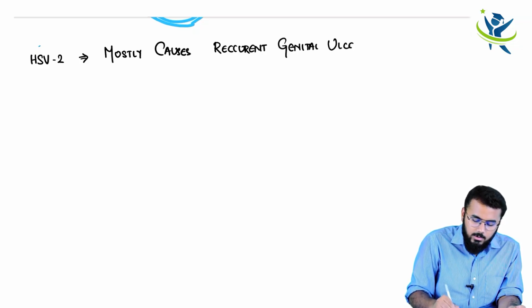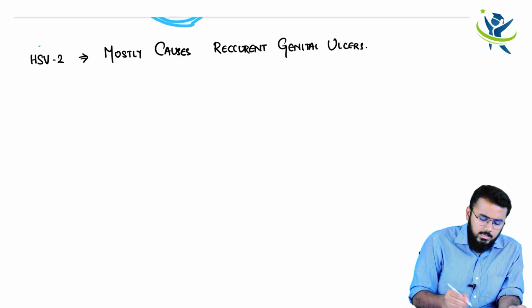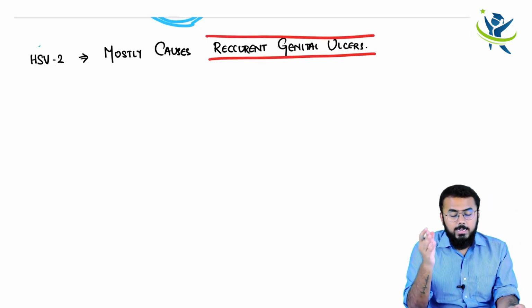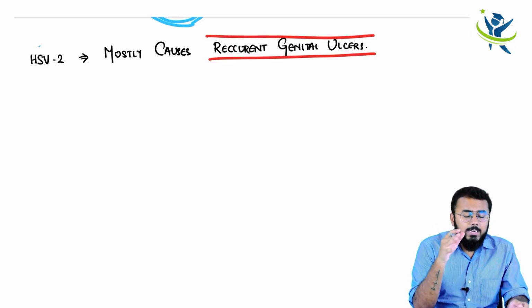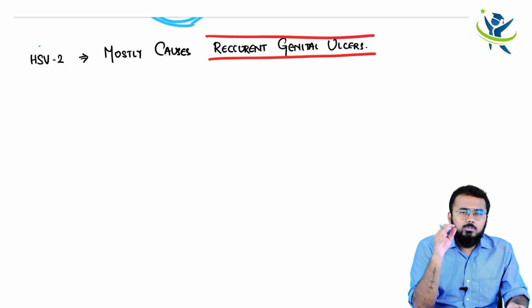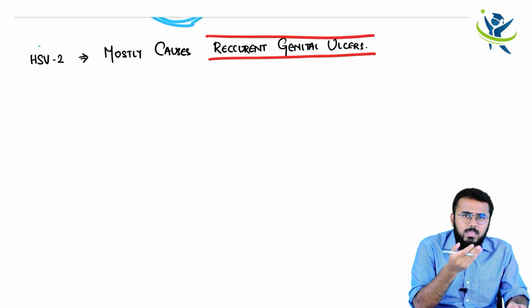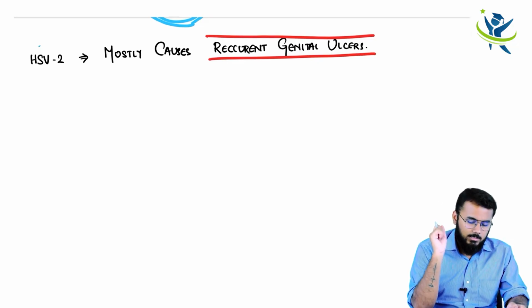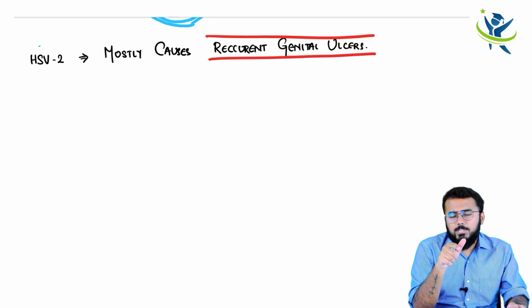When I say recurrent, it means they occur again and again. These genital ulcers are so painful, right? Ulcers are formed on the female genitals as well as male genitals, and they are really painful ulcers. So if you see any patient complaining of painful ulcers on the genitals, then always think of HSV-2.